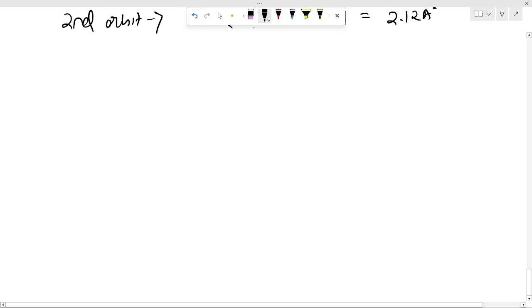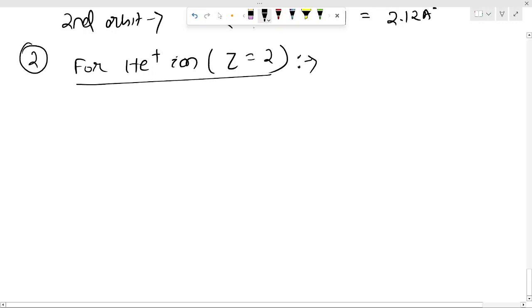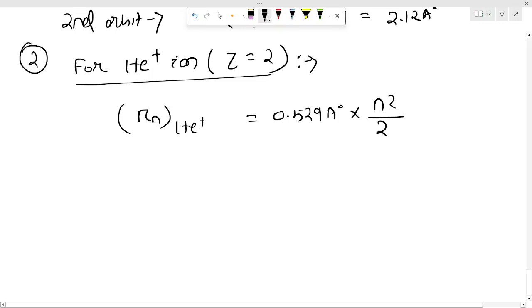Let us calculate for another hydrogen-like atom, that is the helium plus ion, where Z is equal to 2, because helium has atomic number two, isn't it?